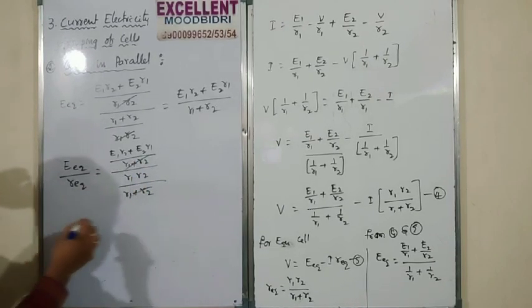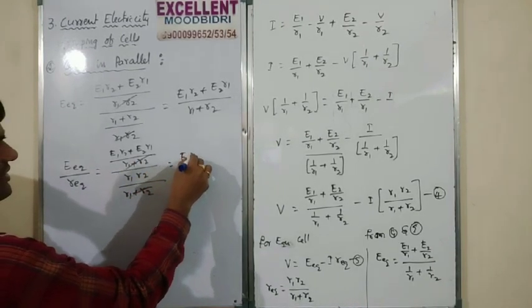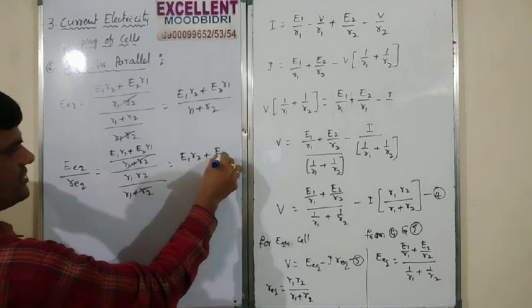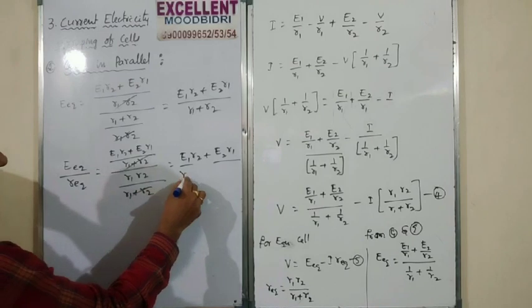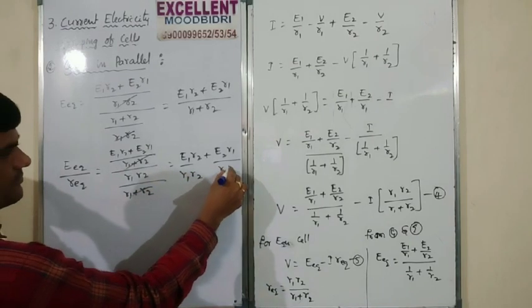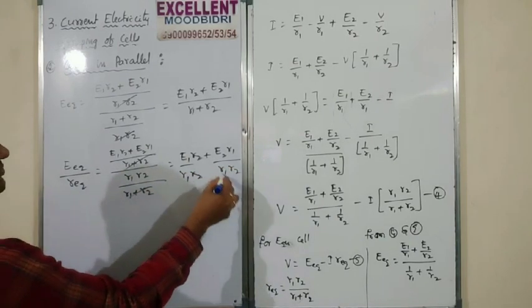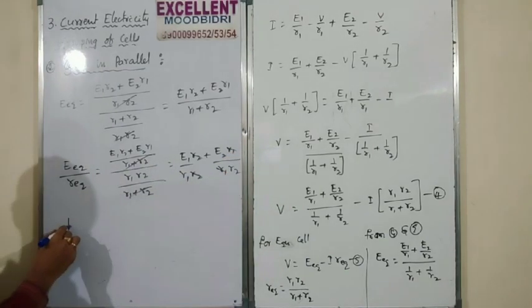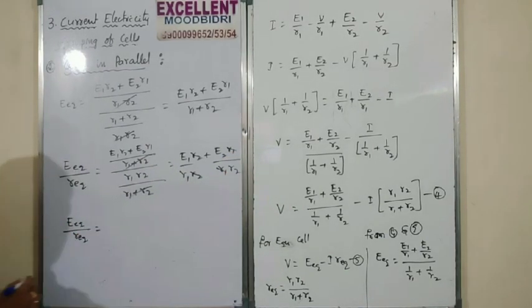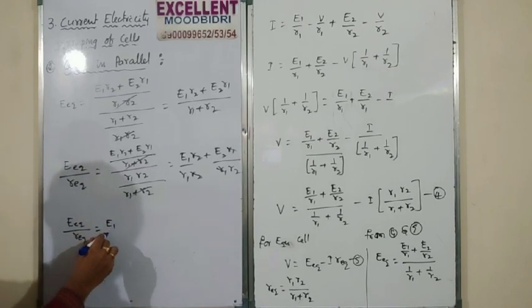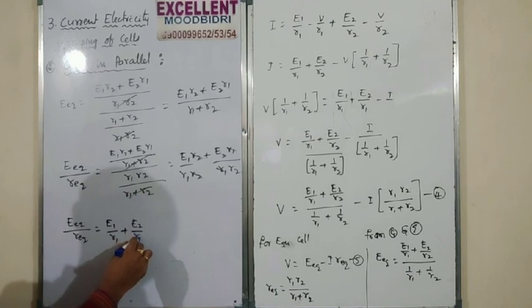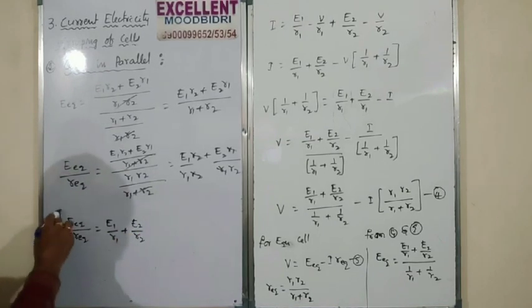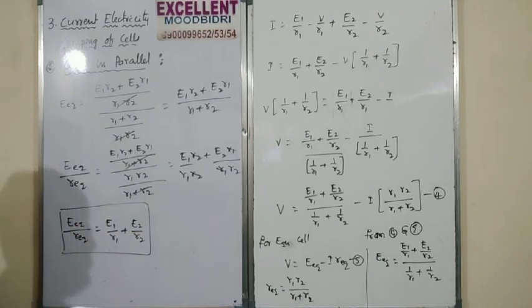So that gets cancelled. What will come here? E1 R2 plus E2 R1 divided by R1 R2 separately. R2 R2, R1 R1 get cancelled. Therefore E equivalent by R equivalent is E1 by R1 plus E2 by R2. Correct? So this is the final conclusion.